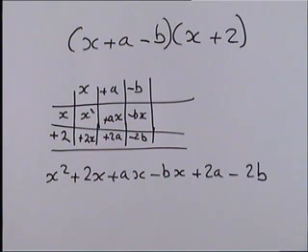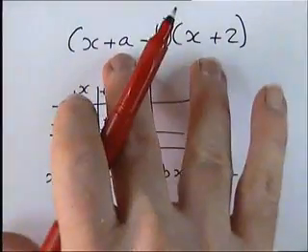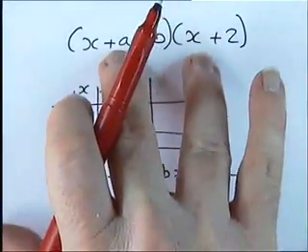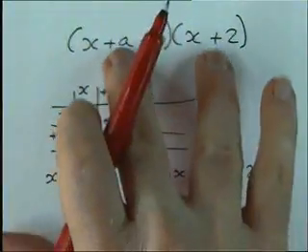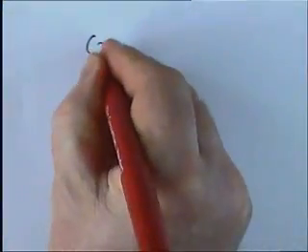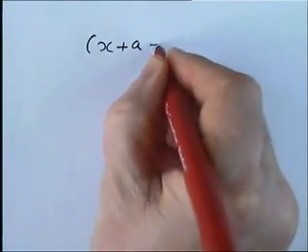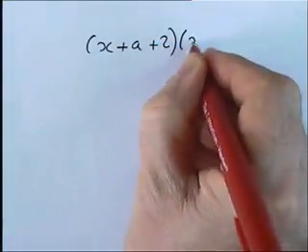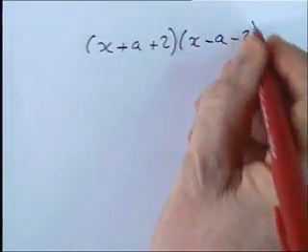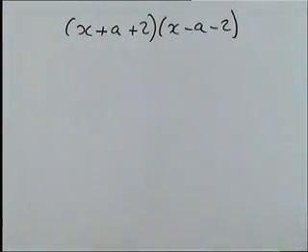Okay, so you can see how this is a different version of multiplying two brackets together, and we could have a 3 by 3. Right, let's try that. x plus a plus 2 times x minus a minus 2. See if you can multiply those two together.